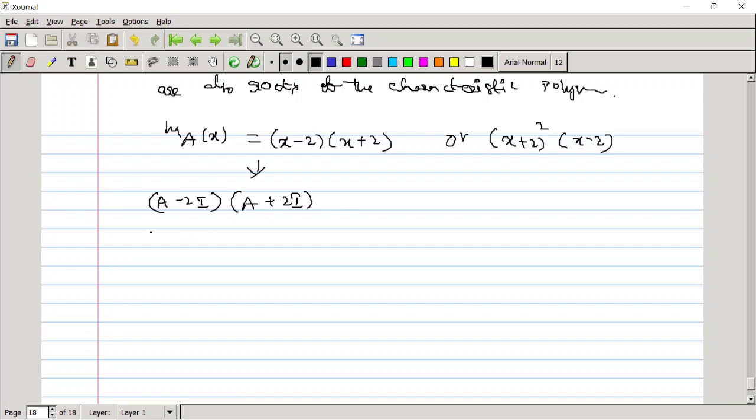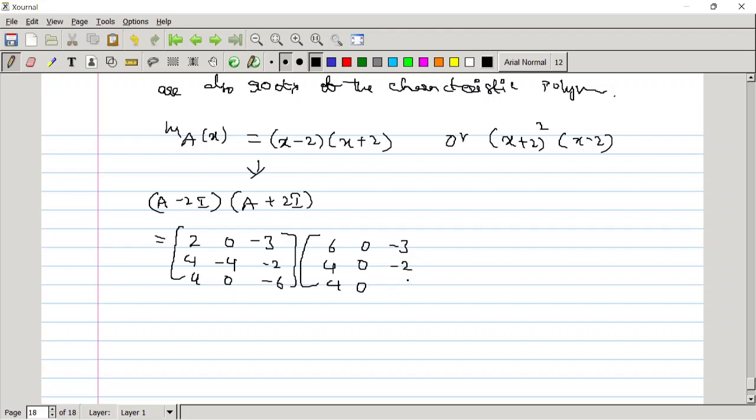For the given matrix, A minus 2I is 2 0 minus 3, 4 minus 4 minus 2, 4 0 minus 6, into A plus 2I, which is 6 0 minus 3, 4 0 minus 2, 4 0 minus 2.